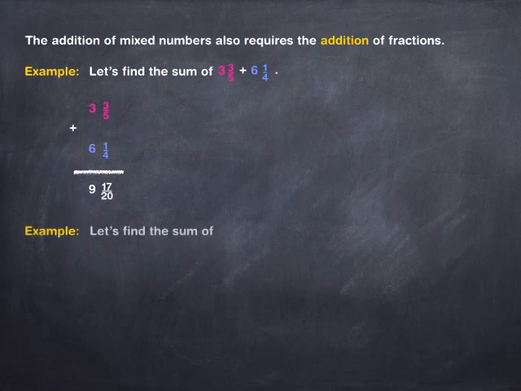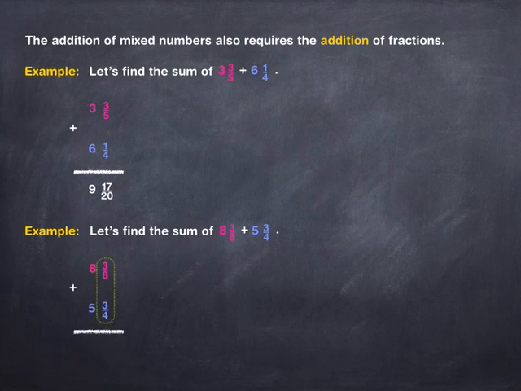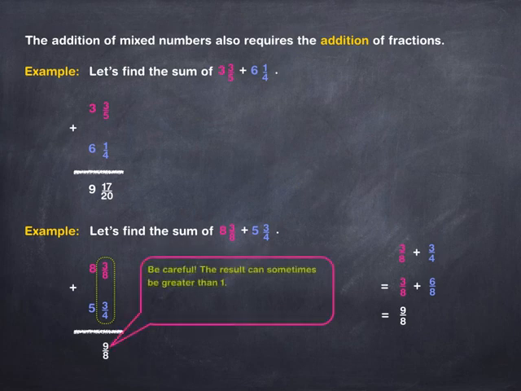Second example. Let's find the sum of 8 3/8 plus 5 3/4. Taking the fraction part of the numbers, we get 3/8 plus 3/4, which is equal to 3/8 plus 6/8. This equals 9/8. Be careful, the result can sometimes be greater than 1.